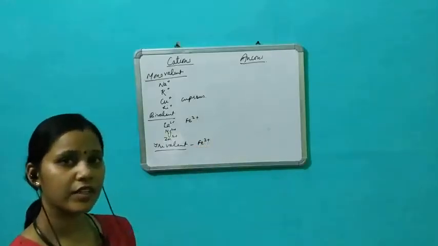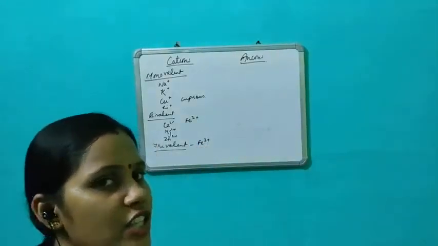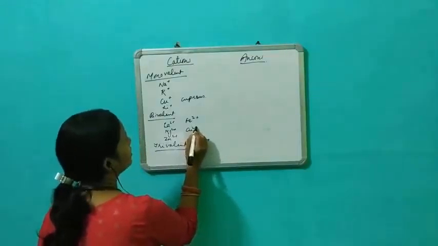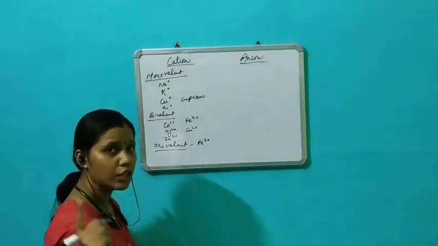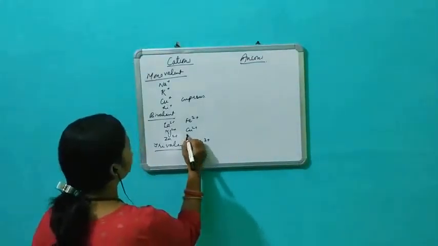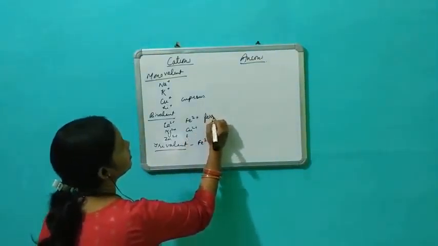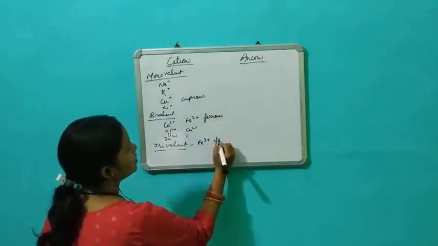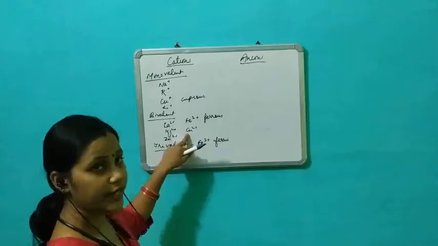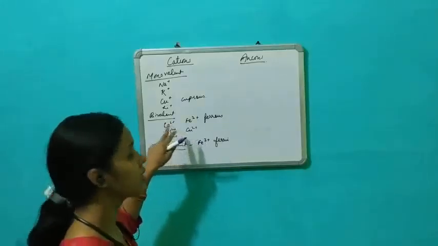The one having the higher oxidation state is known as ferric, and the one having the lower one is known as ferrous. Fe2+ is ferrous and Fe3+ is ferric. Alright, copper also has a tendency to form Cu2+ and Cu+, and the lower one, Cu+, is cuprous.